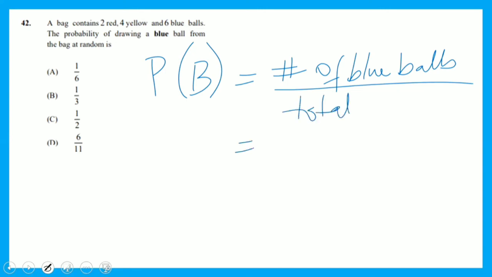That's going to be 6 over a total of 12. We would need to simplify that. 6 over 12 is not even in the options, because you're expected to know that you should simplify. So our final answer is a half.